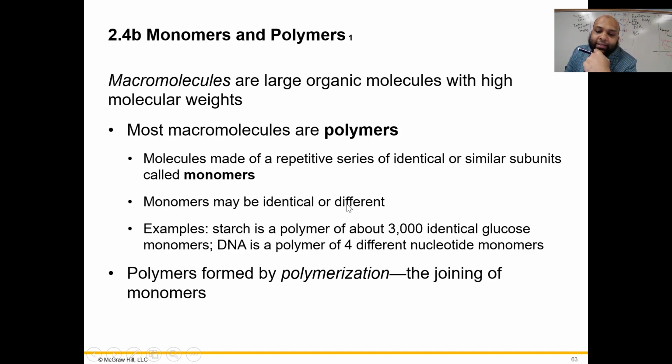Monomers may be identical or different. So polymers are made by the joining of monomers through the process of dehydration. We remove water, so we join together these macromolecules.